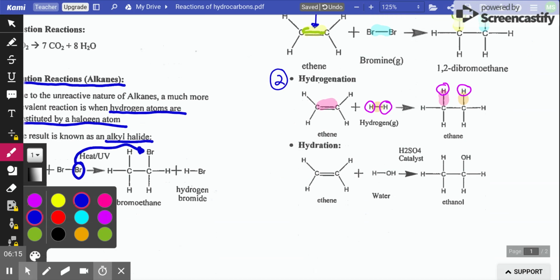The third type is called a hydration reaction. So hydration reaction sounds exactly like it is. We have a double bond, it gets broken apart, and instead of adding a halogen or hydrogen, we're breaking apart a water molecule and adding a hydrogen and a hydroxide.